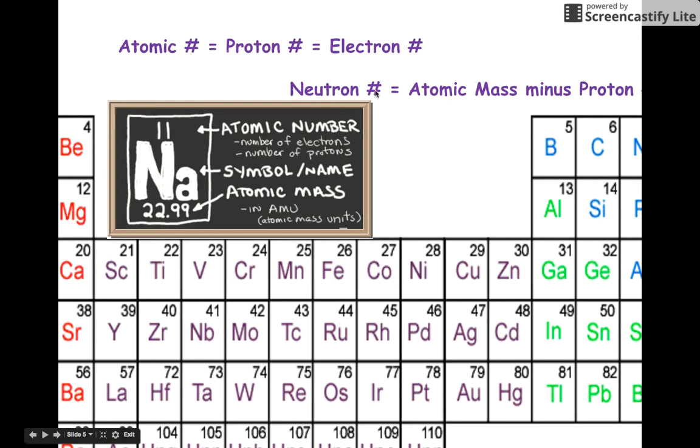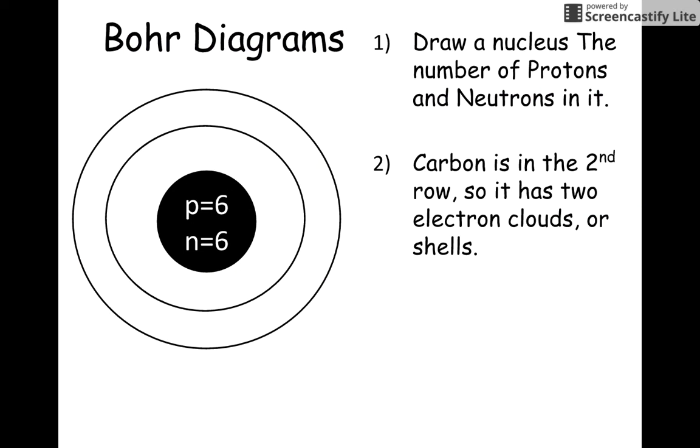For the number of neutrons, you're going to get the atomic mass. In this case, we're going to round it up to 23, and we're going to subtract the atomic number. So 23 minus 11. We're going to have 12 neutrons for sodium, Na.